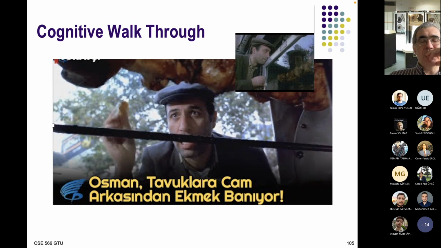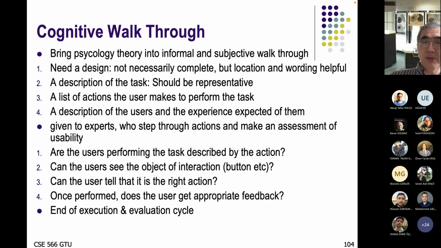So this is how we do experiments without actually doing experiments. So basically, through the description, through the design, we believe that we are doing it, and given to the experts, stepping through the actions and make assessment of usability.